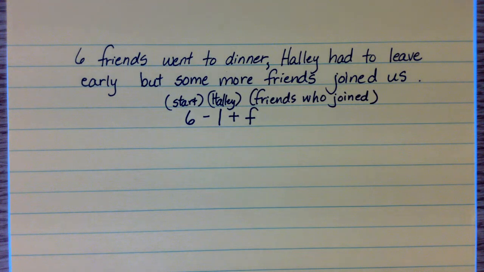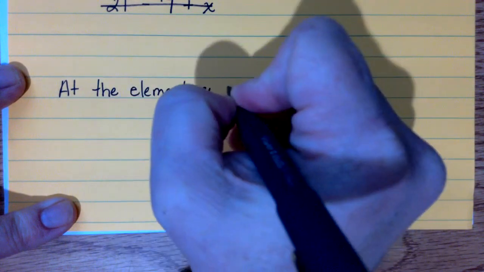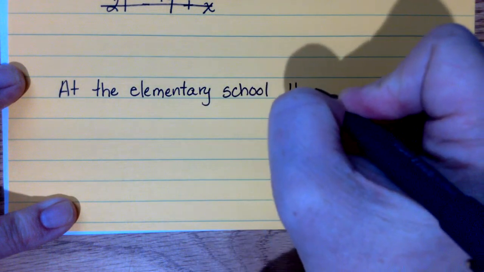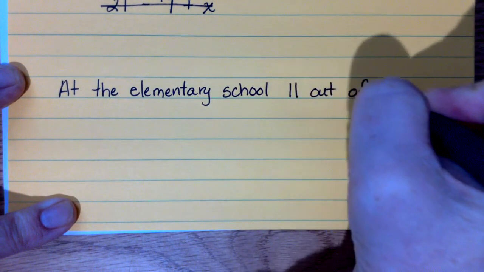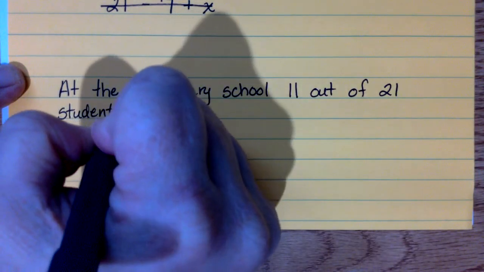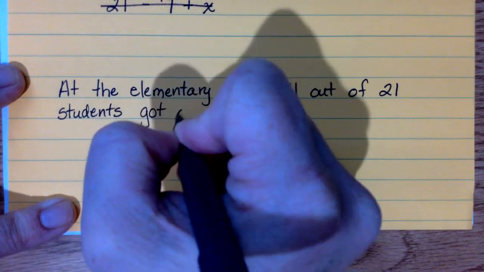All right, let's do another example of this. So let's say at the elementary school, there were some teachers who had kids that needed to go to the high school. So it says at the elementary school, "11 out of 21 students got off the bus."